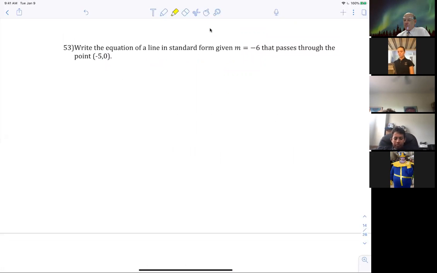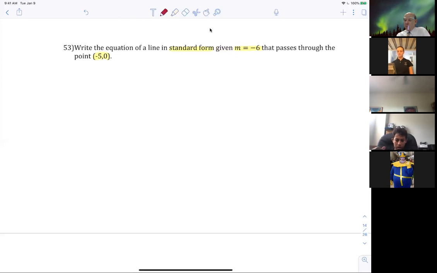53. Write the equation of the line in standard form. All right, we're writing in standard form. But this is a what? Slope. And this is a what? So we should put it in what first? Point slope first. So we will let Drew do that.